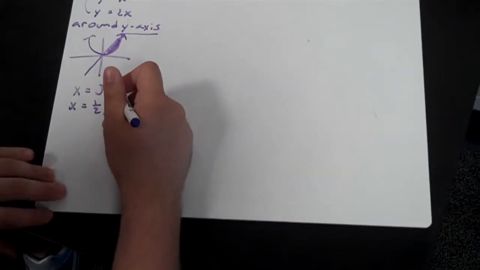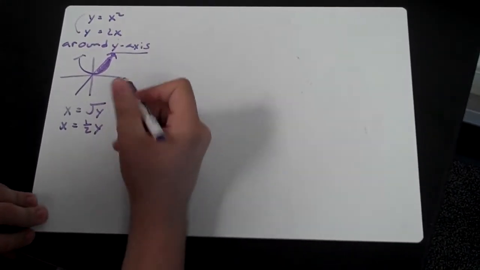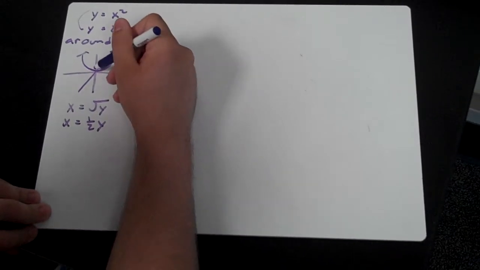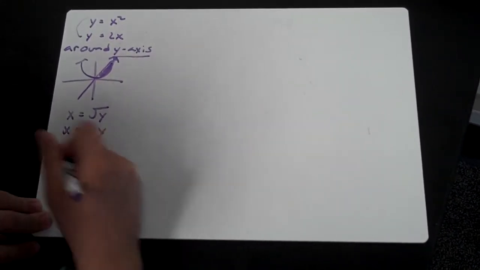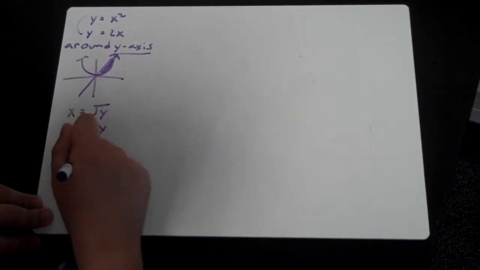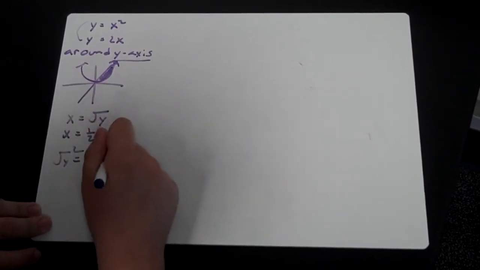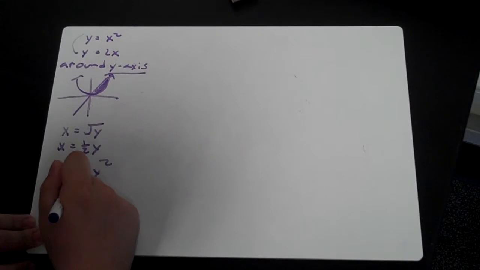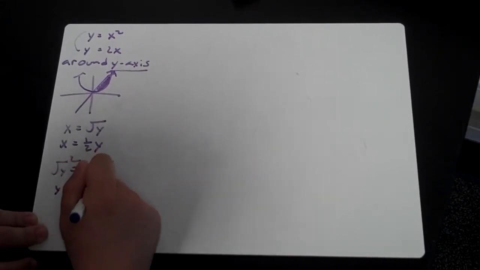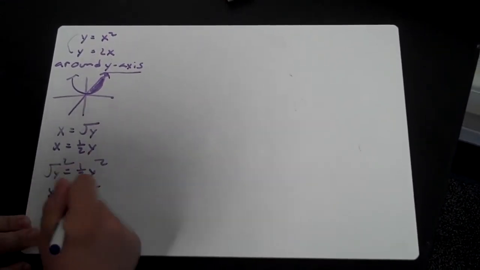Now we have to set these equal to each other to find the intersects. Root y equals 1/2 y. We're going to square both sides. We get y equals 1/4 y squared. Bring that over.